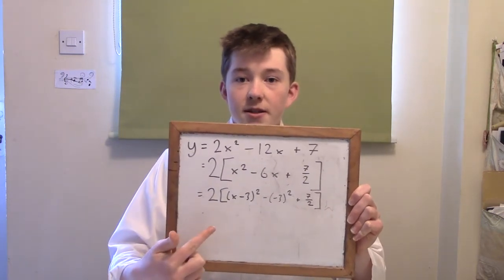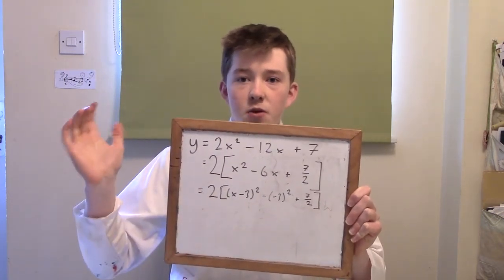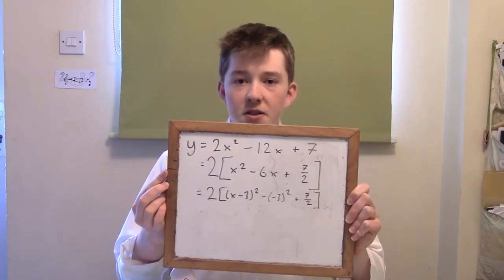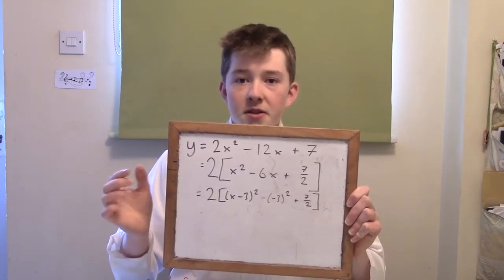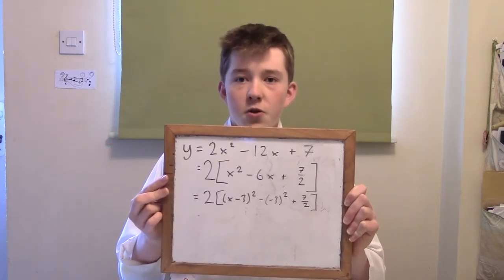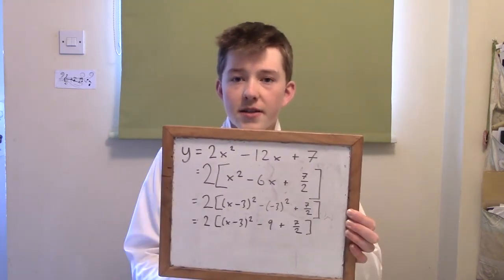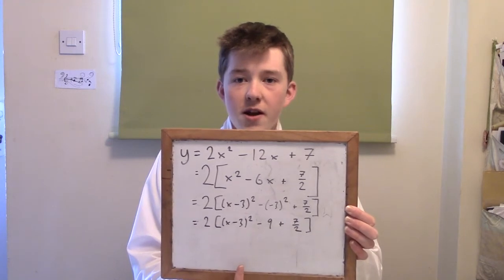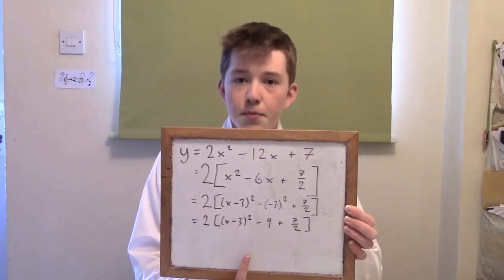So in this case, 2, and then inside the square brackets, x minus 3 squared, minus 3 squared, plus 7 over 2. As you can see, in the next step, we once again simplify the half b inside the bracket squared, and it comes out as minus 9.